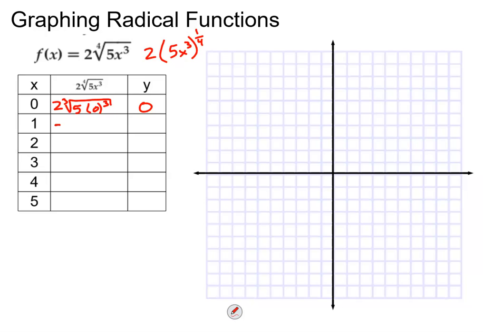So here we're plugging in a 1, and once you do that, you're going to get 2.99. Plug in a 2, and you get 5.03, and so on and so forth.